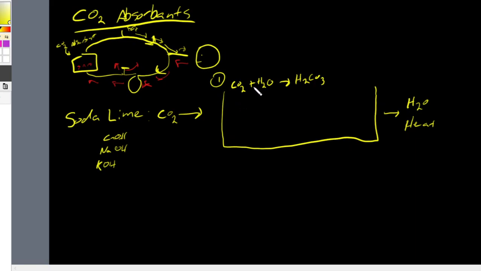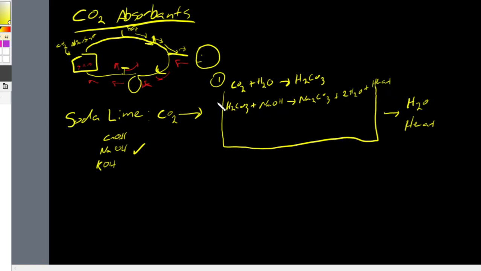The second reaction that takes place is our carbonic acid, H2CO3, is going to combine with a strong base, in this case sodium hydroxide, in order to yield sodium carbonate, which is Na2CO3, plus 2 waters, H2O, plus heat.